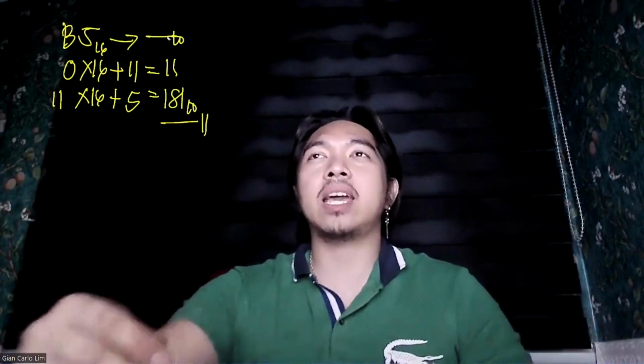And eventually, let's try our third and last example, A35. So ang gagawin natin, we write it here. A is 10, then we have 3, and then we have 5. Plus, plus, plus. So 16, 16, and 16.